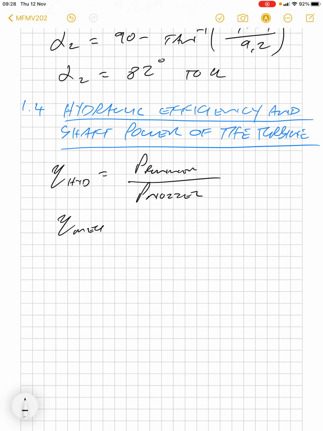The mechanical efficiency is equal to the power on the shaft divided by the power of the runner. Right, so power on the runner is equal to mass flow rate mg h, and this is called the Euler head.